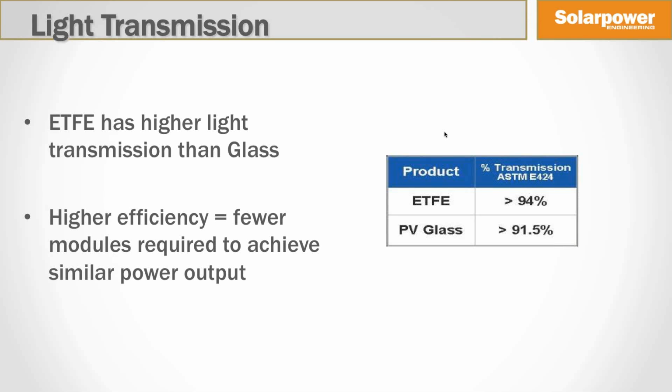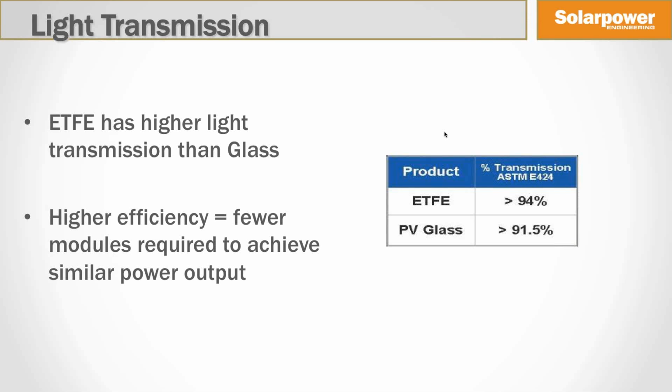As was mentioned in my second slide, performance is a key industry driver in the PV market. We are going to talk about that a bit in this slide. ETFE is an acronym for ethylene tetrafluoroethylene, which is a melt processable fluoropolymer providing superior weatherability and UV resistance.